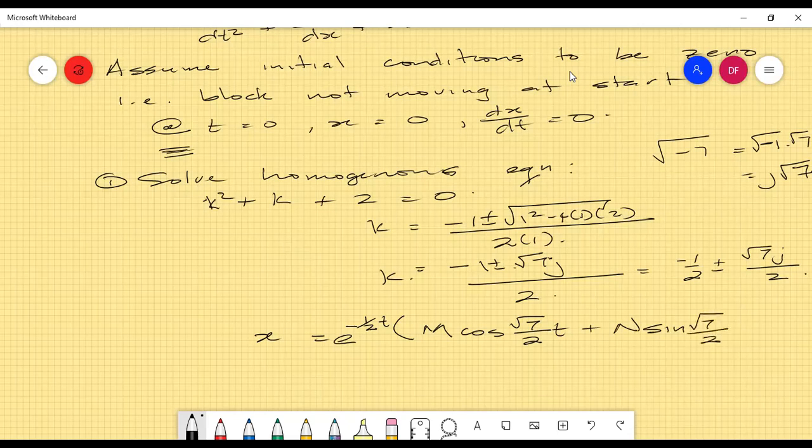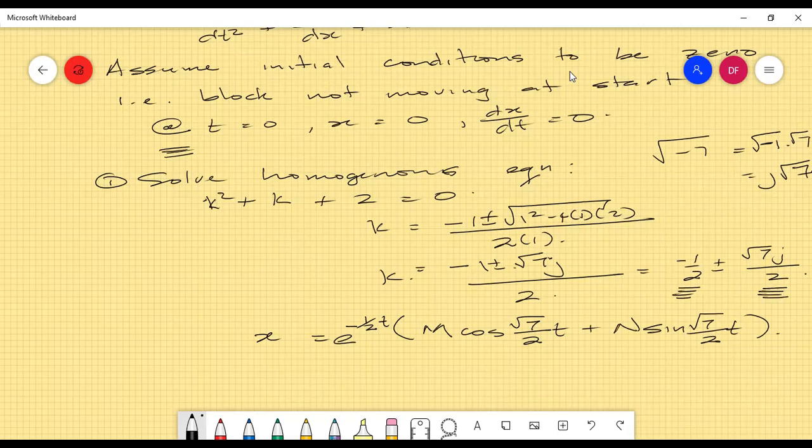The j is not included in the trigonometric argument. All right, so the real part is the exponential function, and the part with the j is the trigonometric function.